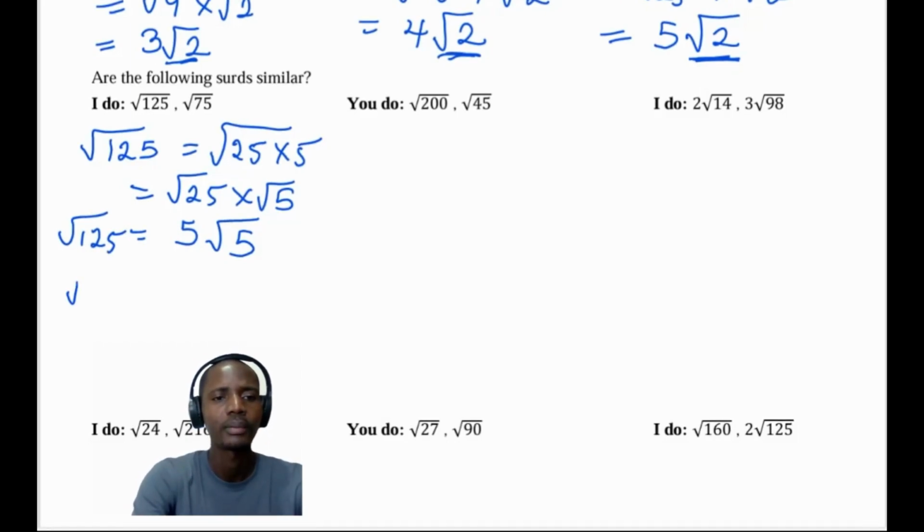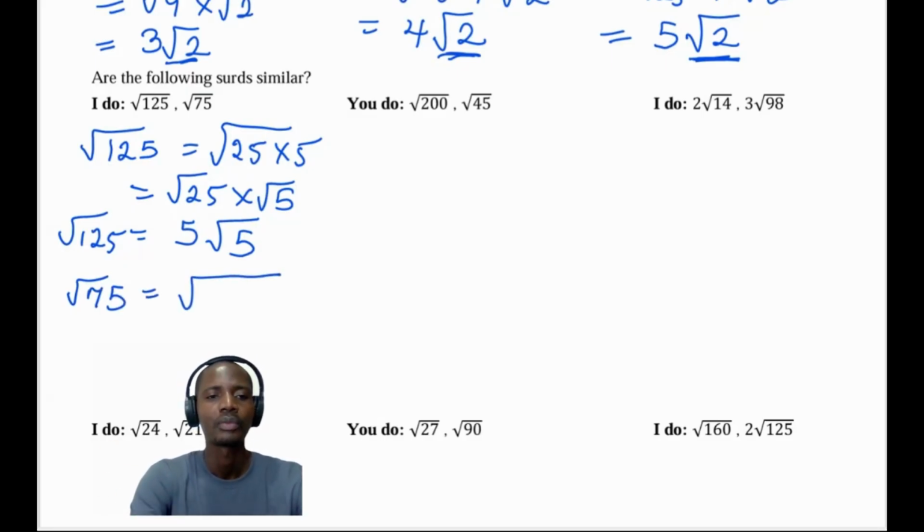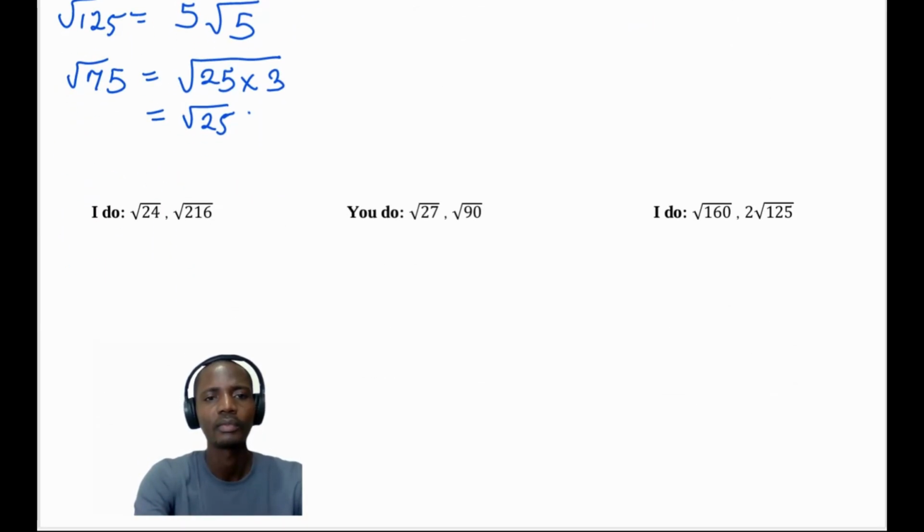Okay, let us see for root 75. What do we have? Root 75, what numbers are multiplied to give me 75? Okay, so that is 25 times 3. Now, this gives the root of 25 times the root of 3.